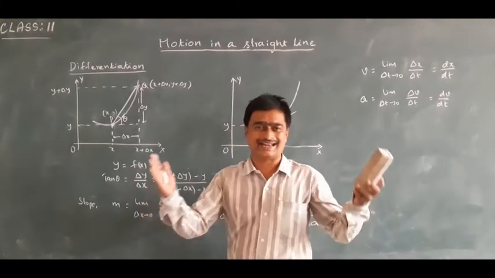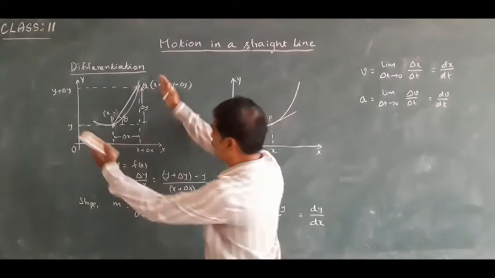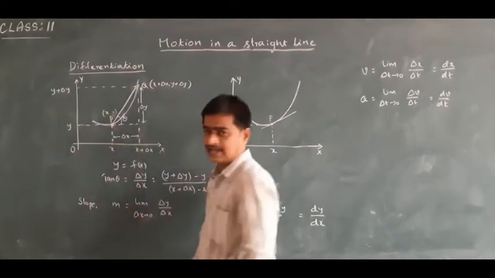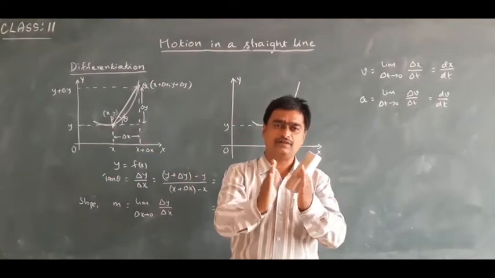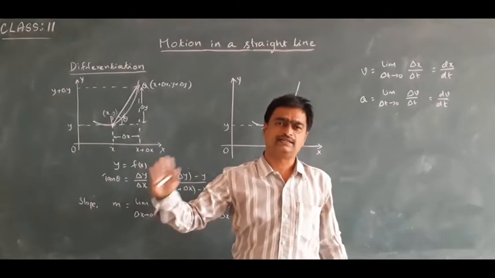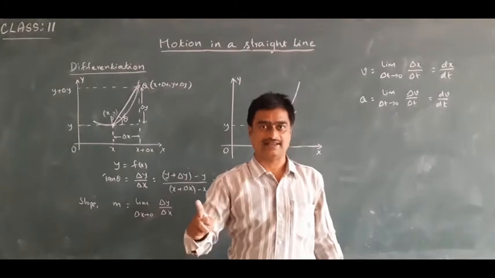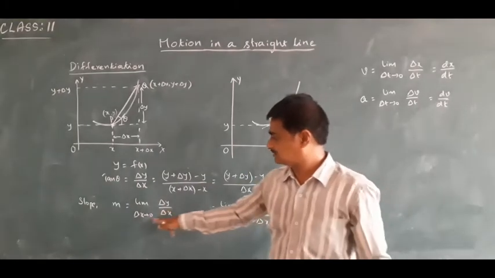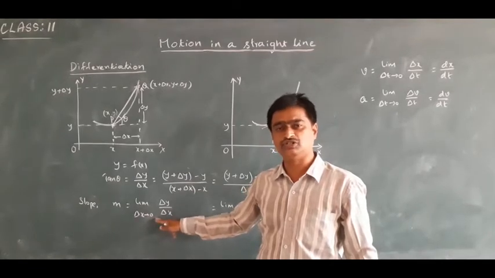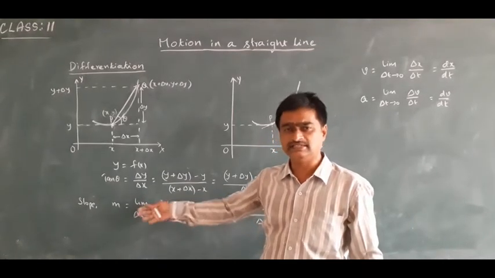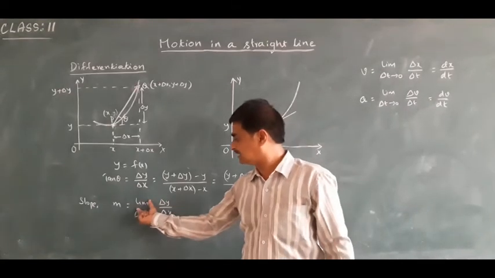Limit means we are limiting that one at P. It is so close to P that there is no difference between those two points, but there is a difference. That's why we don't write delta x is equal to 0, but tending towards 0. It is so small that it is treated as 0, but it is not 0. That is very important.